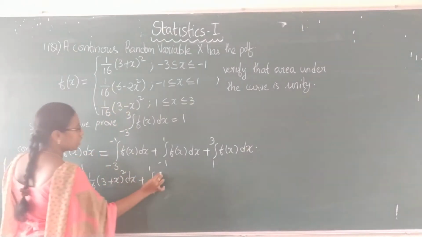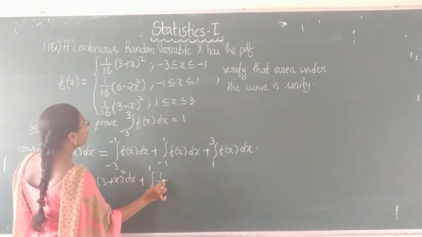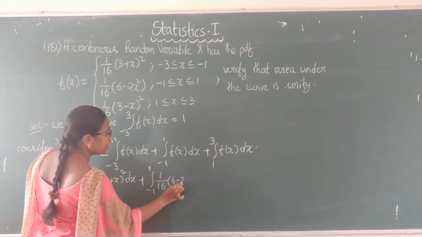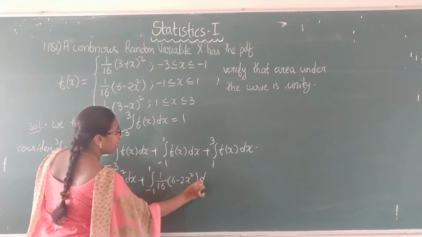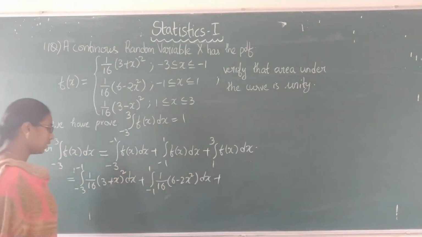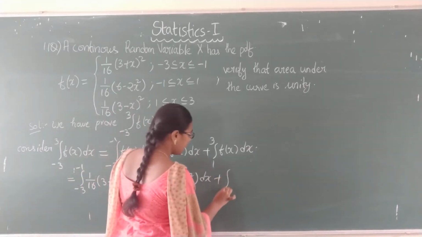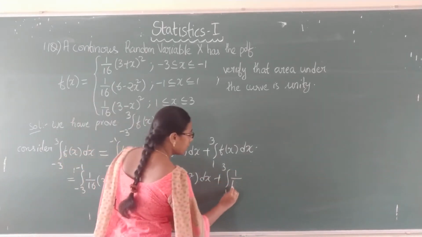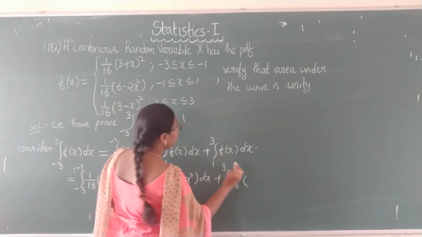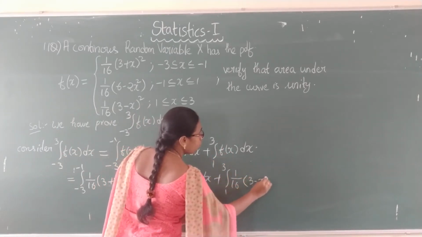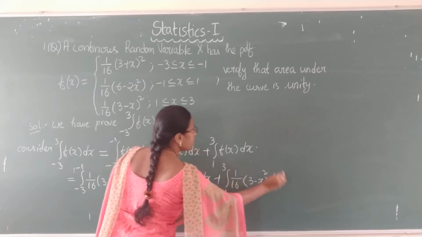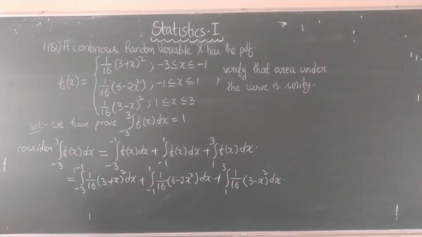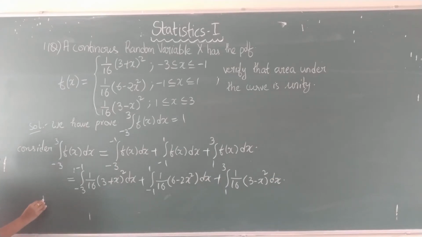The function is 1/16 (6 minus 2x square) dx plus third one is integral over 1 to 3. The function is 1/16 (3 minus x) whole square dx. Now if you observe, in all the functions 1/16 is common. So write 1/16 outside.